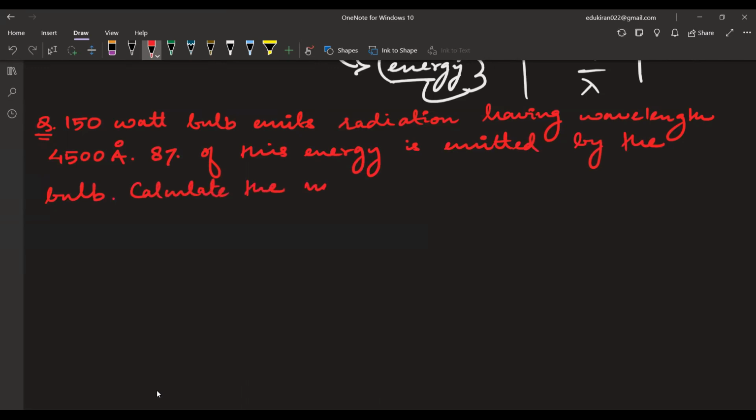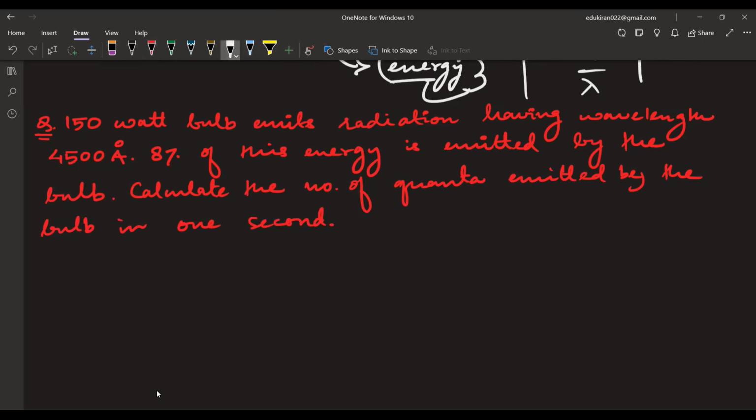Calculate the number of quanta. Quanta means particles, okay? Calculate the number of quanta emitted by the bulb in 1 second.